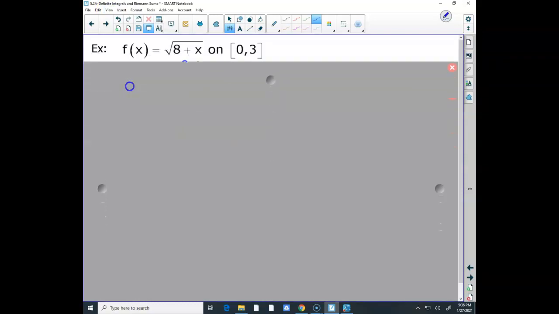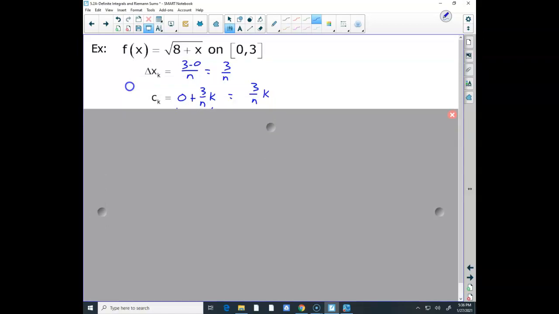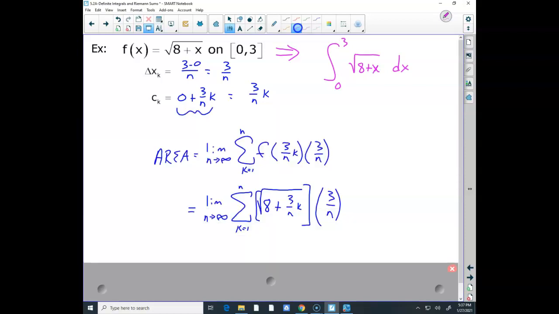Before we even went, what I really wanted to do is say, oh, well, with what you learned today, hopefully, and it was a glossing over, it was really quick, but hopefully you understand this as a definite integral is going to be the integral from a to b of my function, which is the square root of 8 plus x times my width dx, right? That's my definite integral, okay?